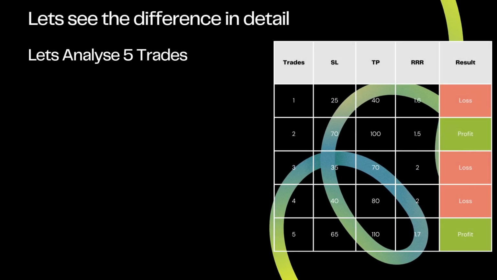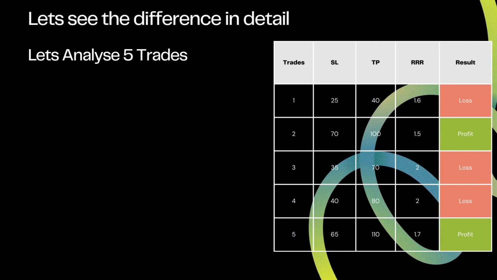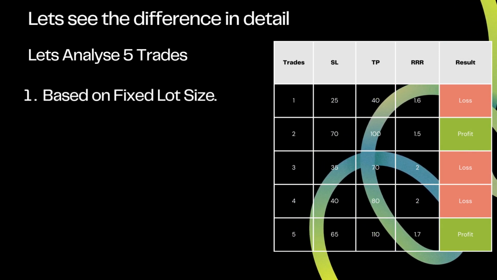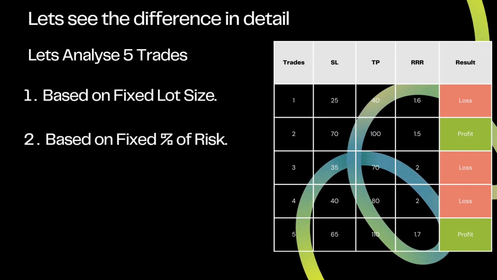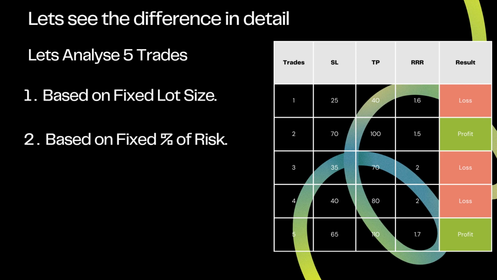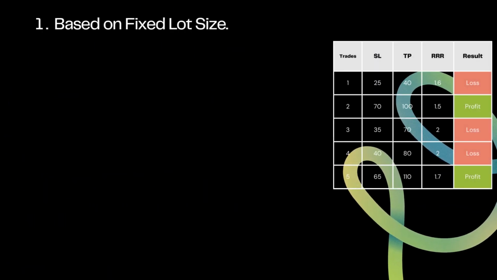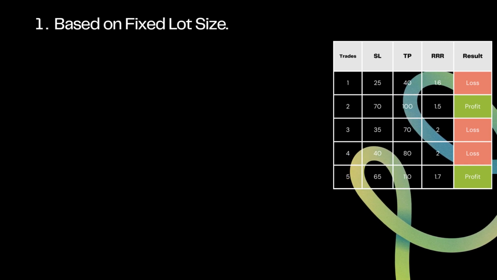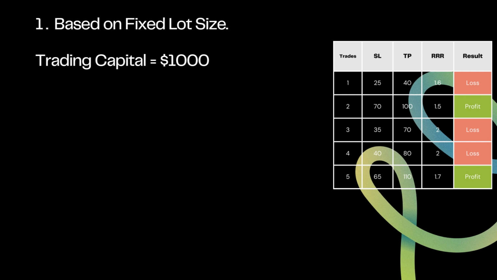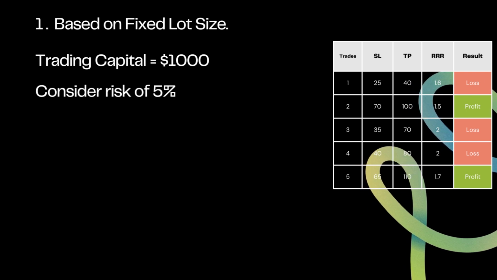Now let us analyze these 5 trades based on 2 criteria. The first one is based on fixed lot size, and the second one is based on fixed percentage of risk. Based on the fixed lot size, let us assume the trading capital is $1,000 and consider a risk of 5%.